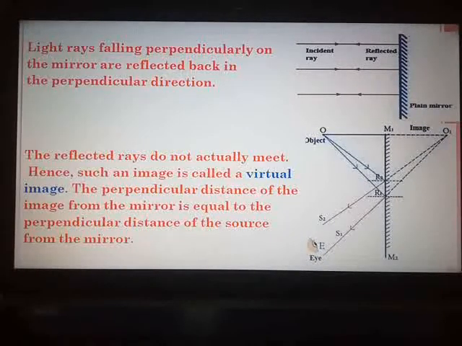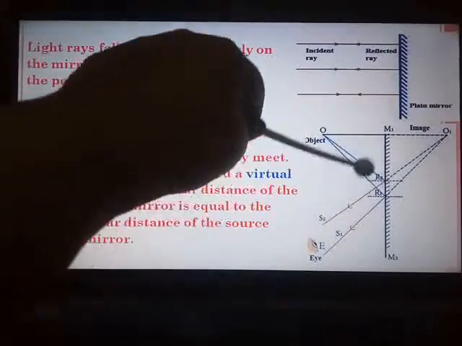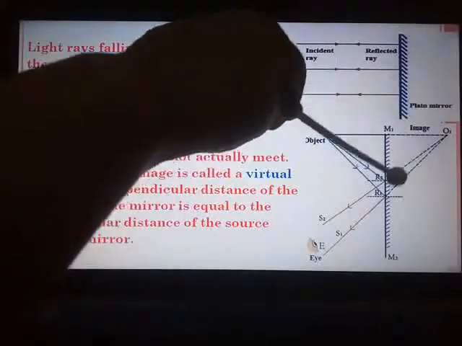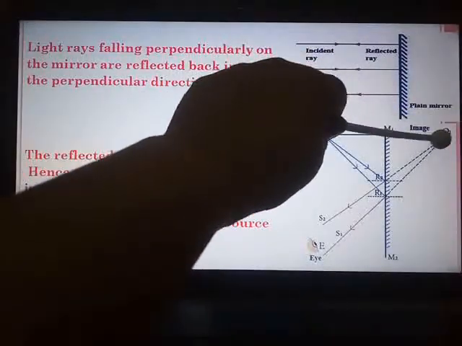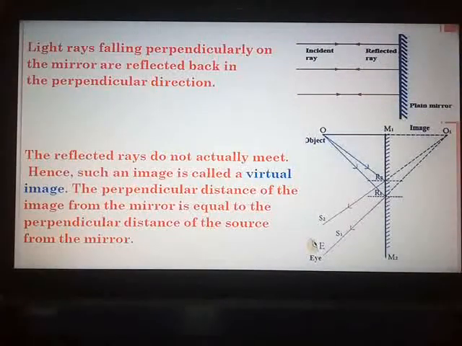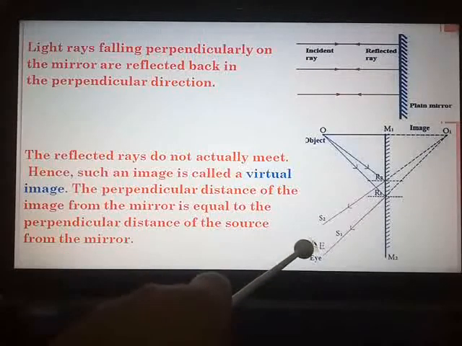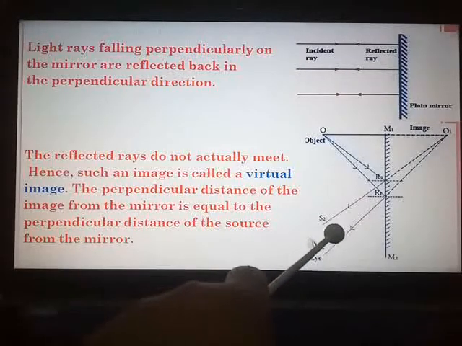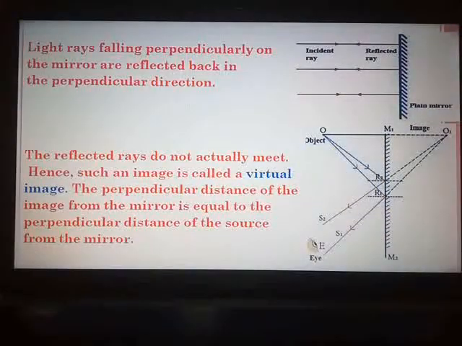Now when these reflected rays are extended behind the mirror, they meet at this point, which is point O1, and when seen from E, the rays appear to be coming from O1.